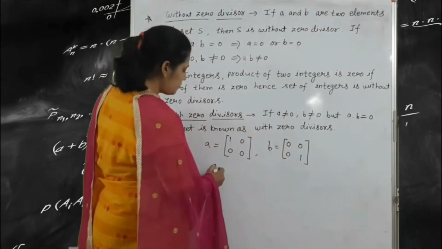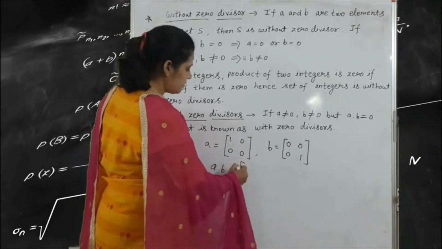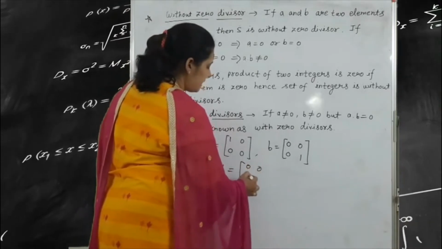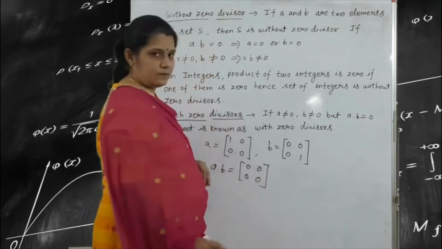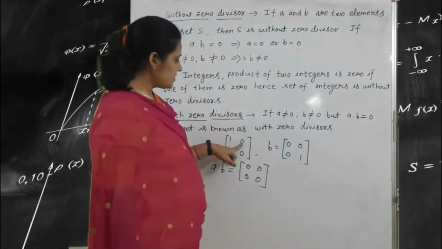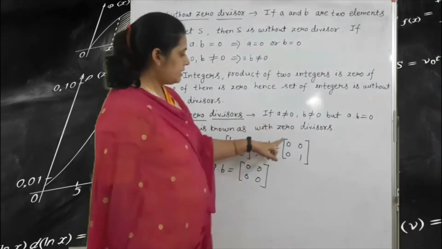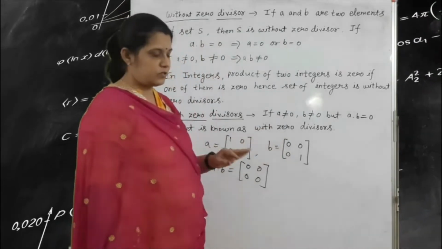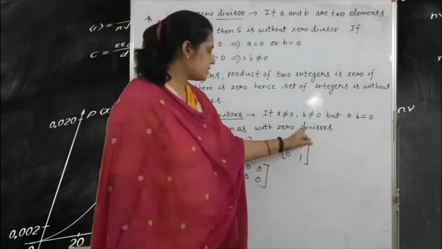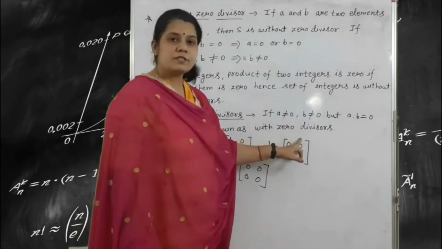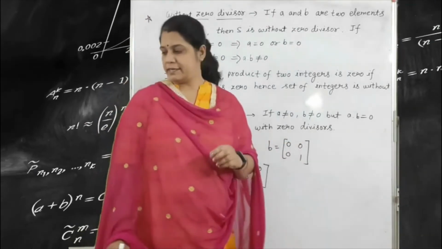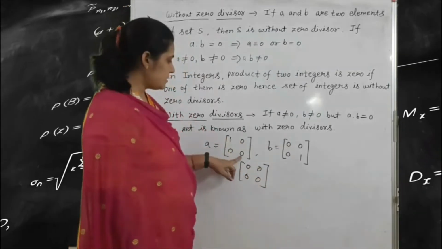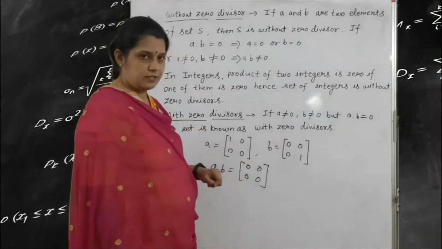So a·b is equal to the zero matrix [0 0; 0 0]. That means row multiplied into column: 1 into 0 plus 0 into 0 gives 0. First row, second column: 1 into 0 plus 0 into 1, that means 0. Second row, first column: obviously all the elements are 0, so we write 0.